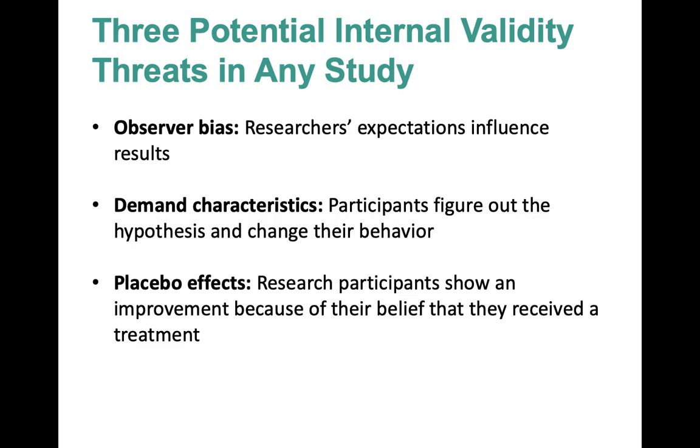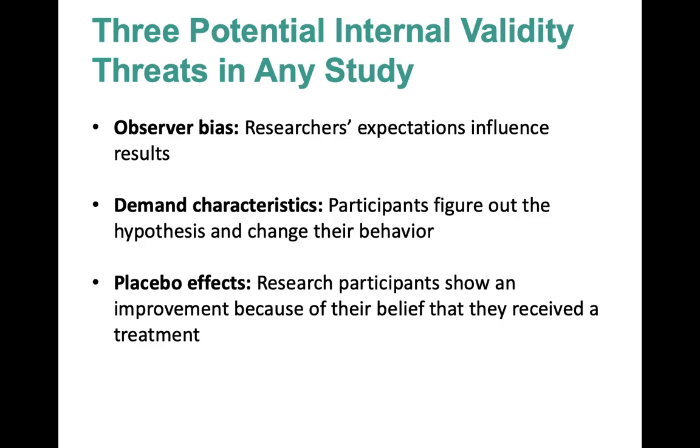And those research assistants don't know what condition of the study people are in. They're completely blind to the hypothesis. They're blind to condition. And they're just going to code behavior without knowing what experimental group participants are in. So that's a blind, not necessarily a double-blind design.